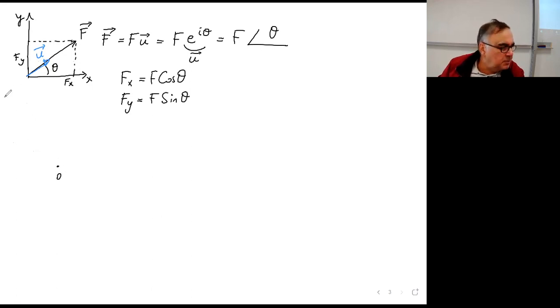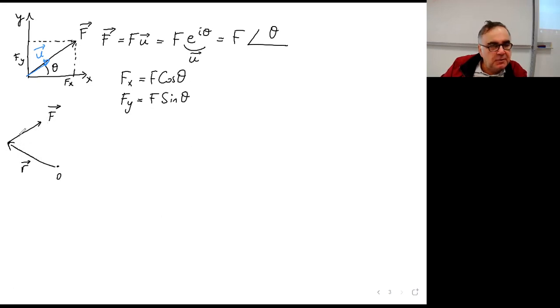Let's say you have a point, and then there is a point of application of a force, like here, the force F. Now, between the point of application of the force and the point O, let's say that there is a vector R. This doesn't have to be perpendicular or anything.